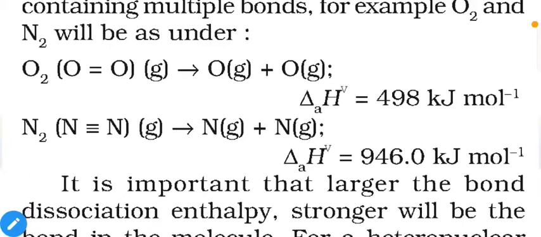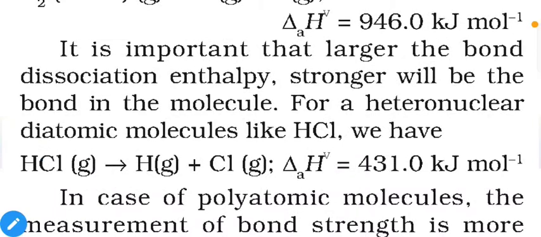As you can see, the requirement of energy generally increases with increasing bonds. If you have a double bond, as in this case, 498 kilojoules of energy is required, and if you have a triple bond like nitrogen, then 946 kilojoules of energy is required. So with increasing bond order, the requirement of energy also increases. It is important that the larger the bond dissociation enthalpy, the stronger the bond in the molecule.